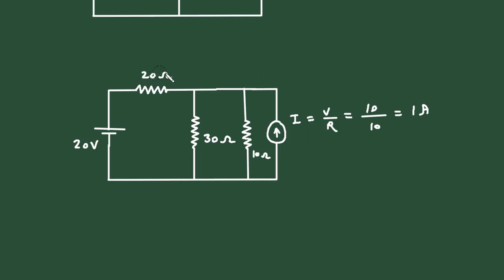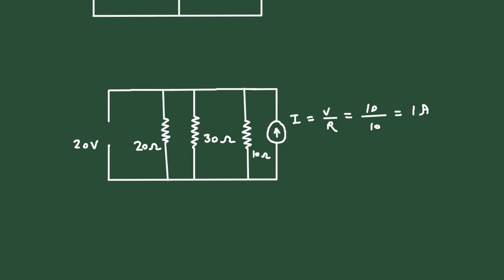Now similarly, this 20 ohm will be in parallel, like this. Now this voltage source will be converted into a current source, and the direction of the current source will be upward because here it is positive and here it is negative.